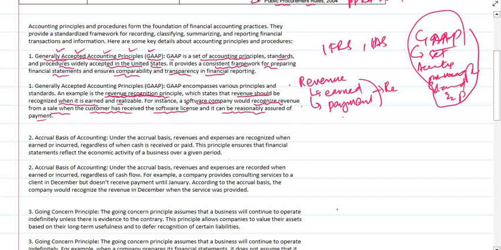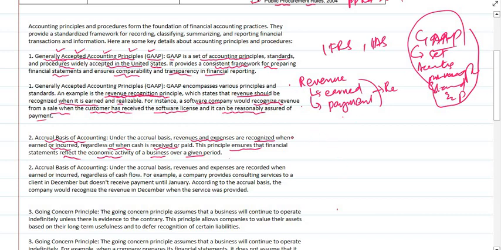Now let's move on. We have another accounting principle, and that is the accrual basis of accounting. Under accrual based accounting, revenue and expenses are recognized when earned or incurred, regardless of when the cash is received or paid. This principle ensures that financial statements reflect the economic activity of a business over a given period. What does it mean?